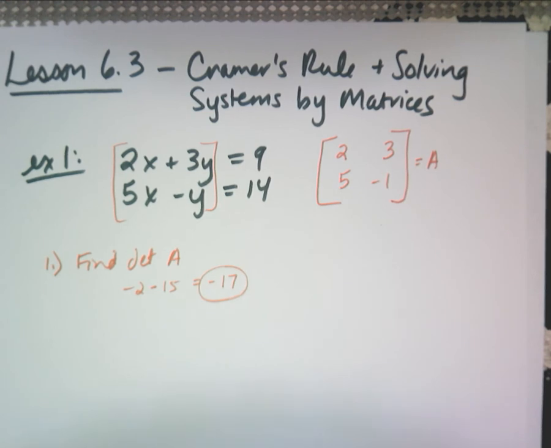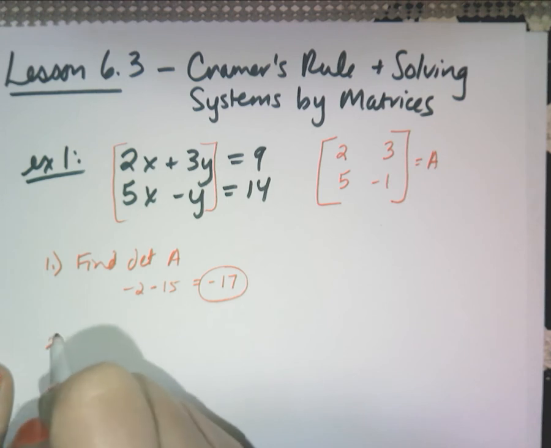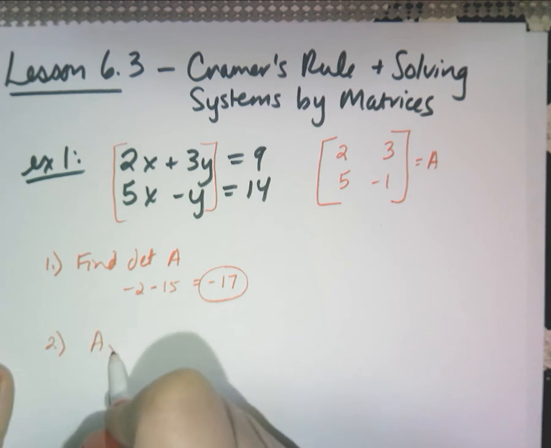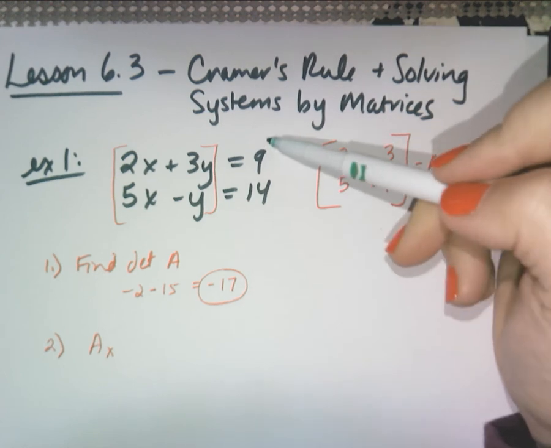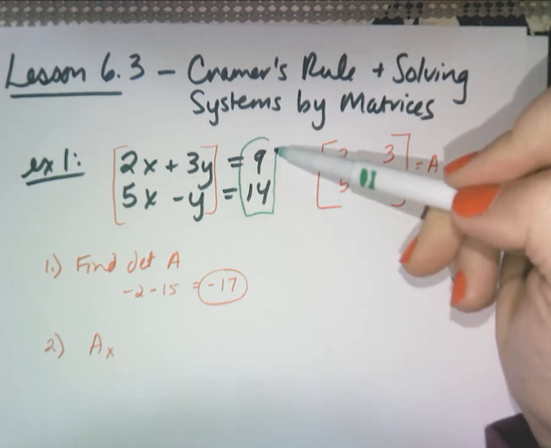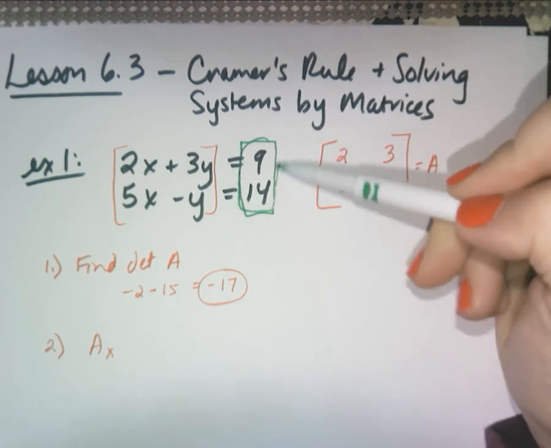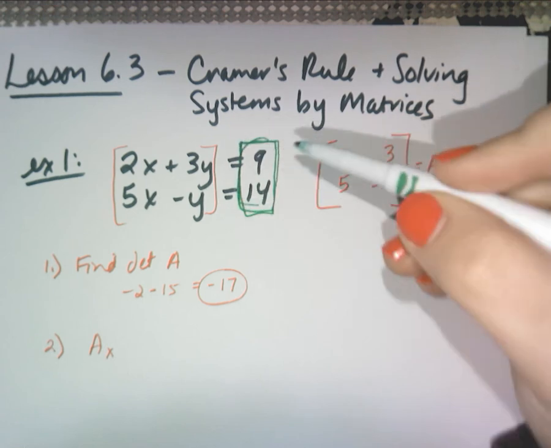Now you are going to write 2 new matrices, one for the X and one for the Y. So here's what I mean. You're going to have, and we're going to call it an AX matrix. That's just a little symbol for what we're about to do. So kind of pay attention to what I do, and then I'll explain it. You are going to take the matrix that it's equal to, and you are going to replace that.